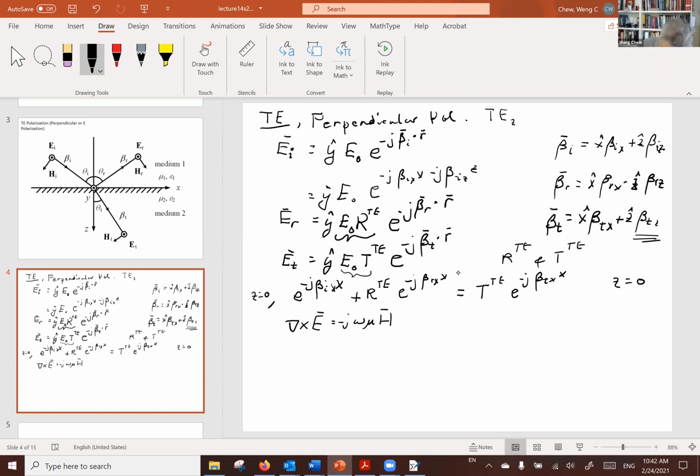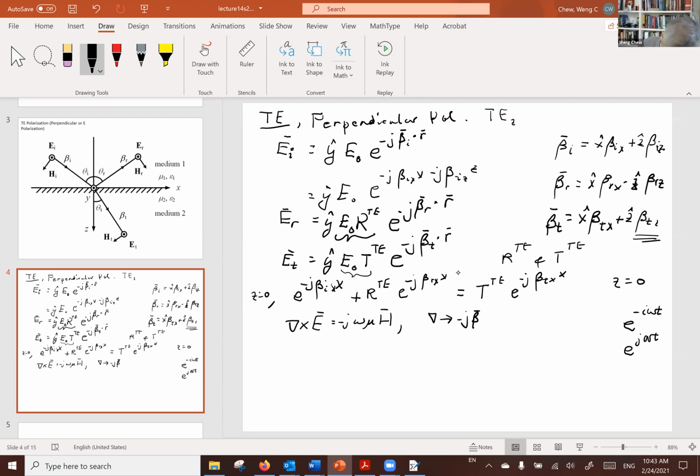In the optics community, the time convention is this. In the engineering community, the time convention is this. So you have to learn how to switch between minus i and j. Okay, so in order to simplify this equation, we are only dealing with plane waves, so we can make the assumption that the del operator becomes j beta.